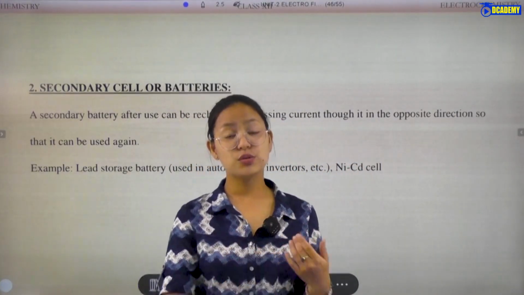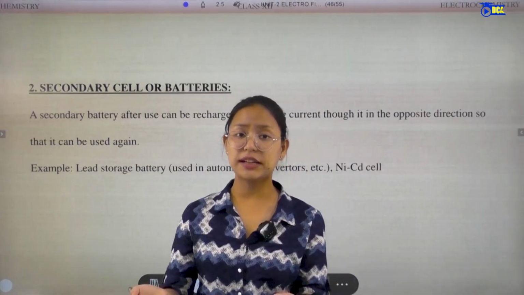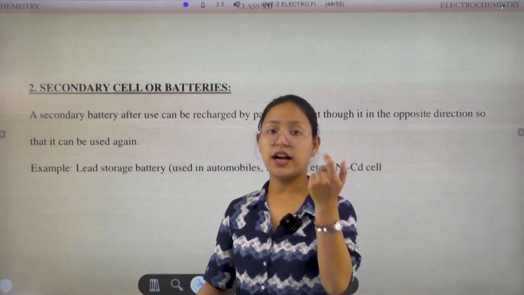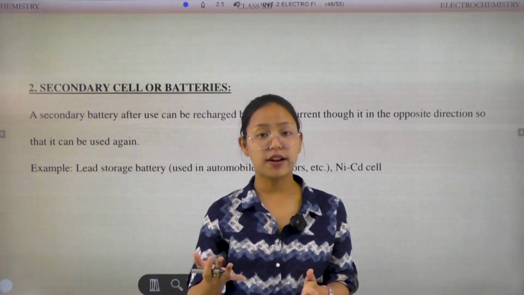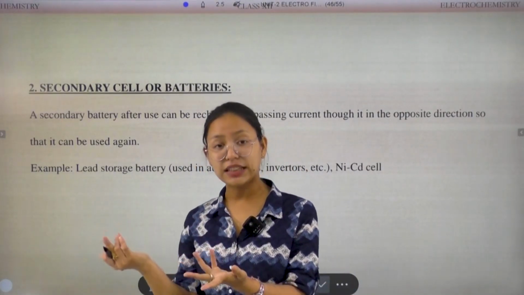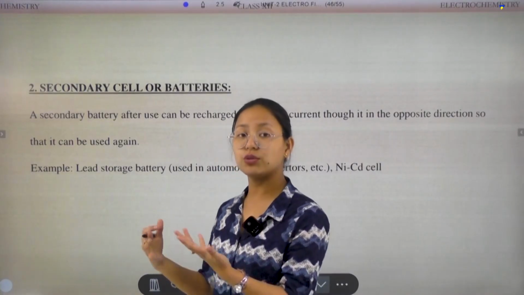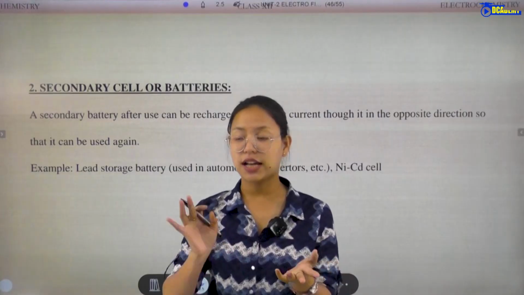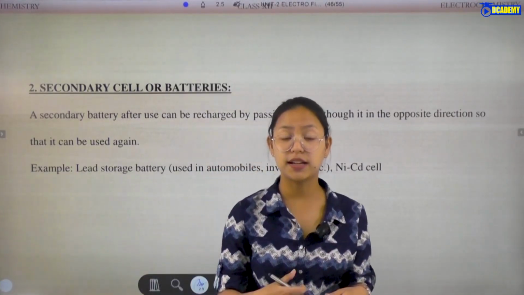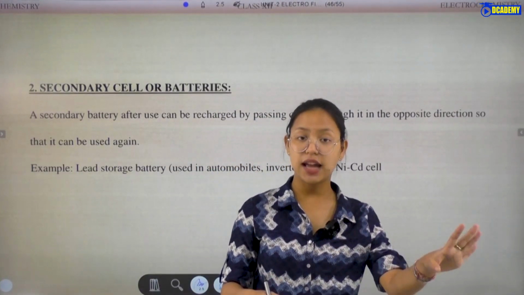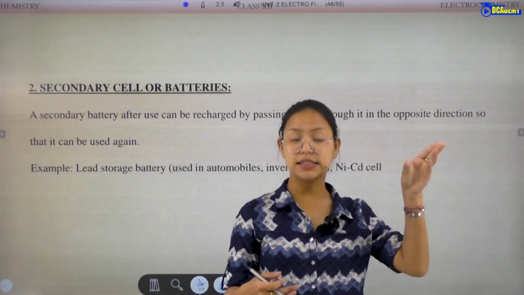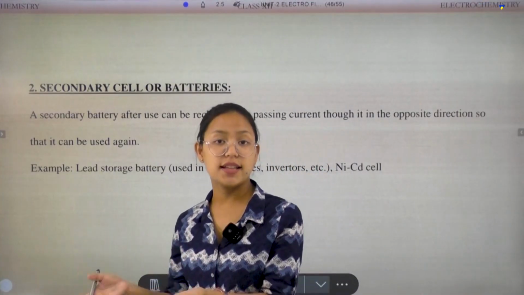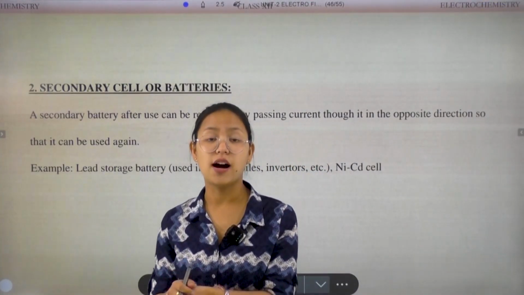Like you reuse the battery, whereas a primary one cannot be reused. With a phone, a phone charger, the phone's battery, you charge it. But primary batteries cannot be charged.